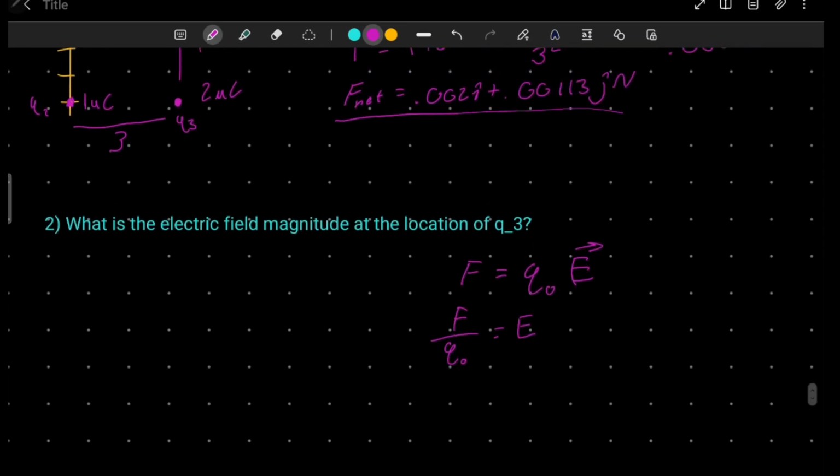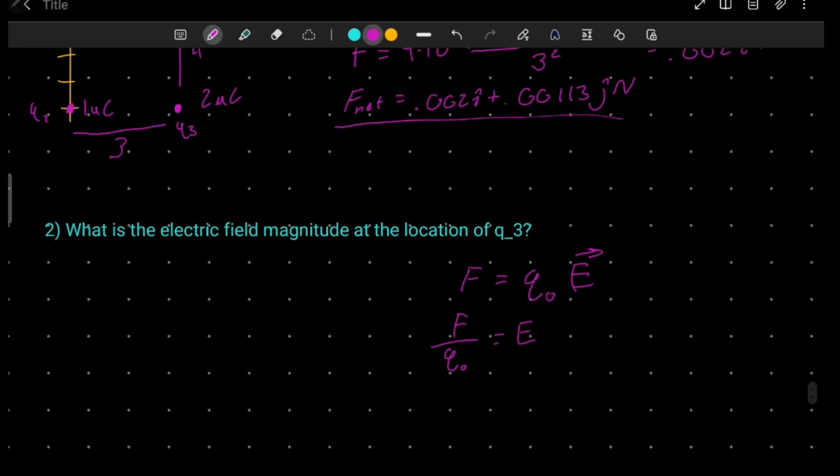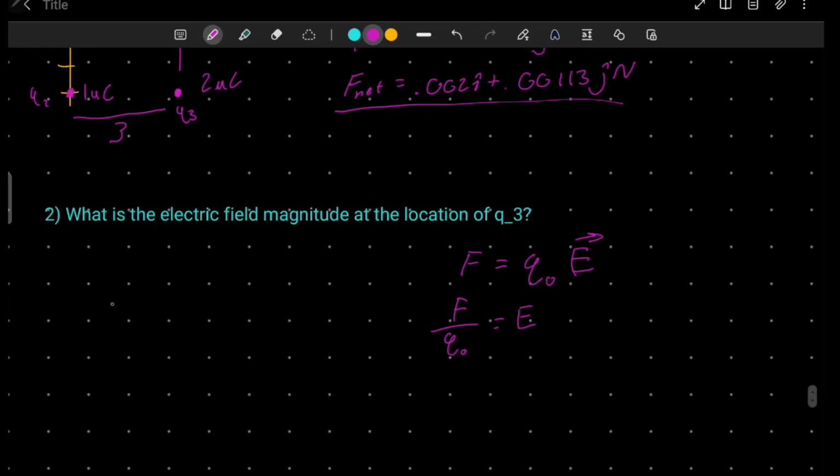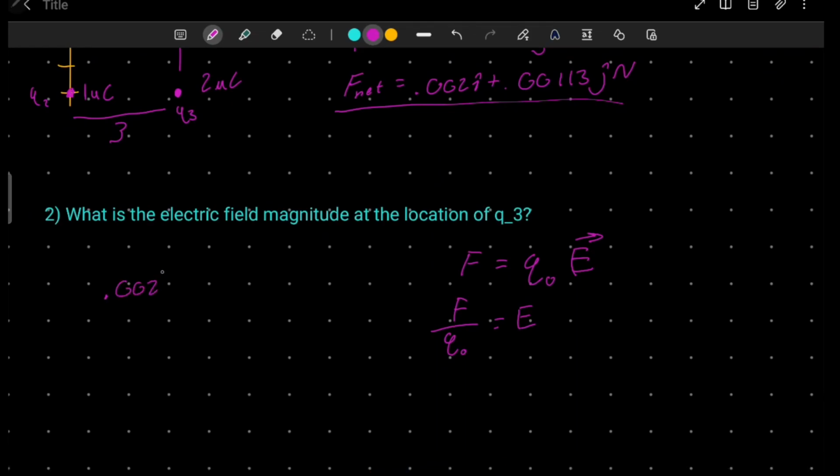So when plugging in, we'll use the answer we found before, but we won't have it in this form. Let's find the magnitude of our force, and to do that, it's going to be the square root of 0.002 squared plus 0.00113 squared.